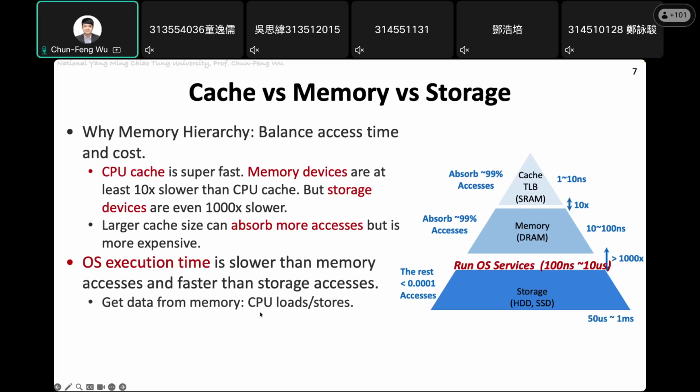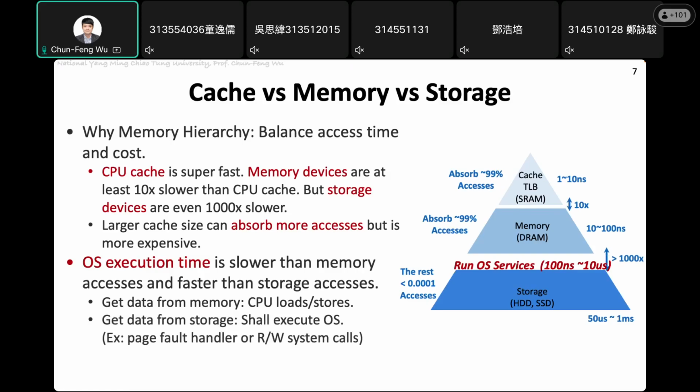If for each CPU memory access we needed to run the operating system, then you would pay more than 30 times the memory access cost, because memory usually takes only a couple of nanoseconds. But if you run the operating system, you need to pay another 100 to 1,000 nanoseconds. So it doesn't really make sense. This is why when the CPU accesses the DRAM, in most cases we don't need to run the operating system. The CPU will directly access the DRAM by using the load and store instructions.